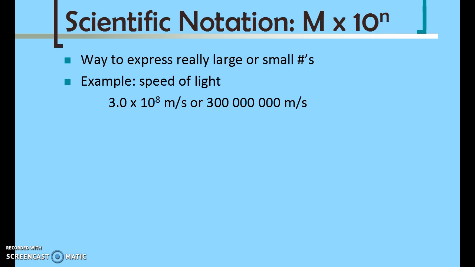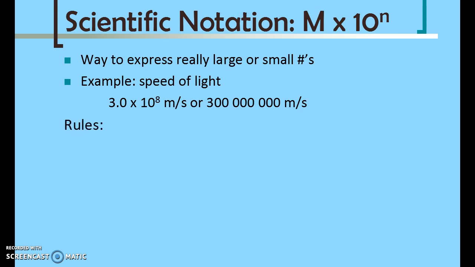Most of you have taken a physical science course and are familiar with that term, but the speed of light is 3.0 times 10 to the 8 meters per second. So it's a lot easier to write the 3.0 times 10 to the 8 meters per second than it is to write out all of the zeros that are in addition to the number 3.